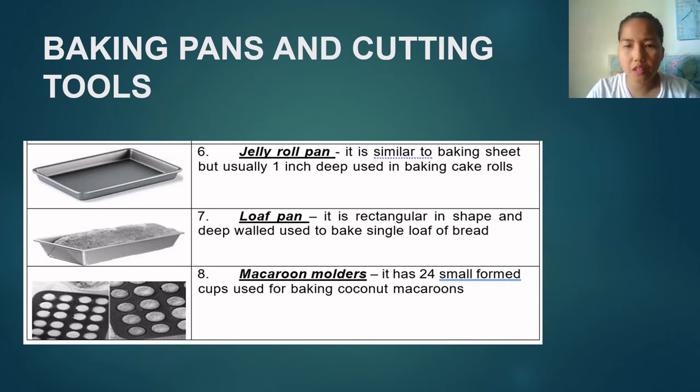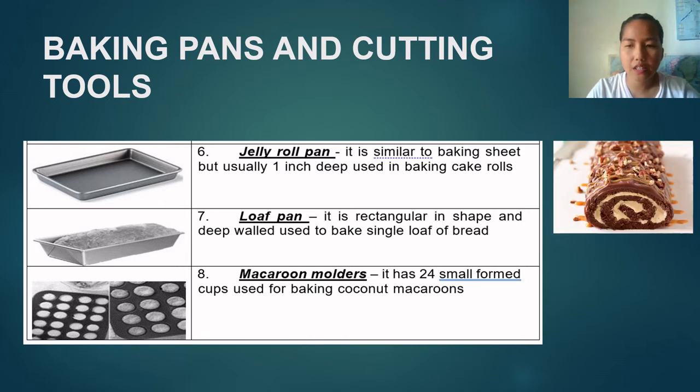On the left and right side of the picture are cake rolls. The jelly roll pan is used when baking Swiss rolls, cake rolls, and the like. Next is the loaf pan, a rectangular pan used to bake sliced bread and loaf bread.